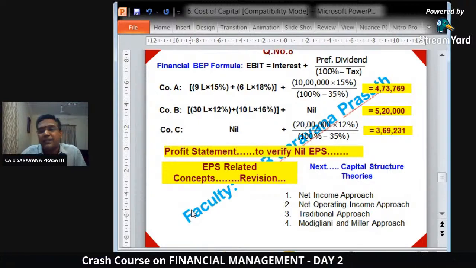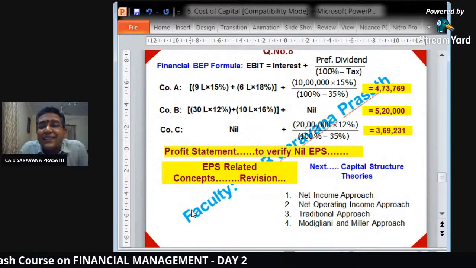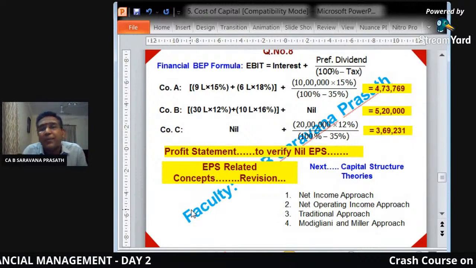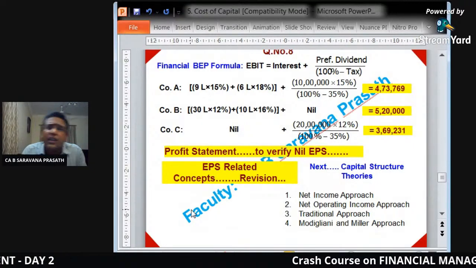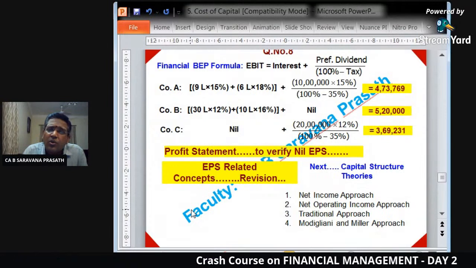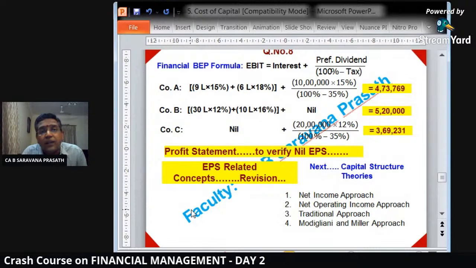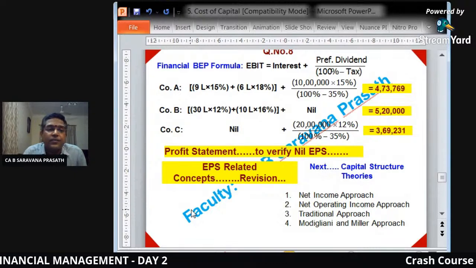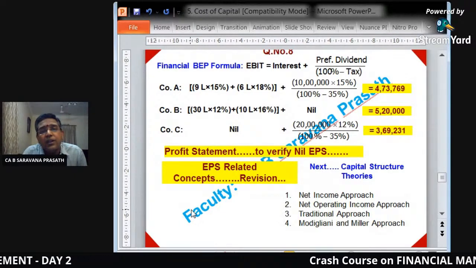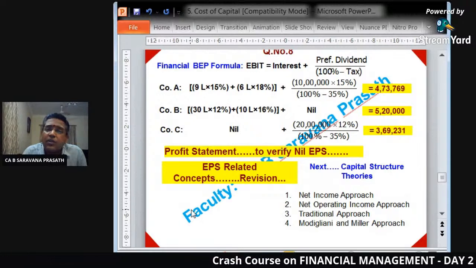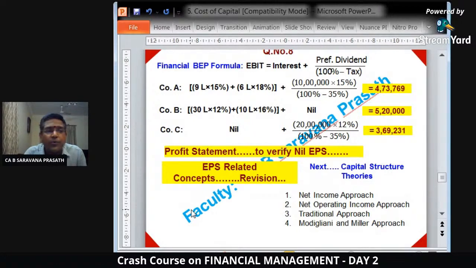Second approach, net operating income approach says, if you borrow more, cost of debt alone may remain the same, but cost of equity will increase. Why will cost of equity increase? Because equity shareholders are standing behind in the queue.